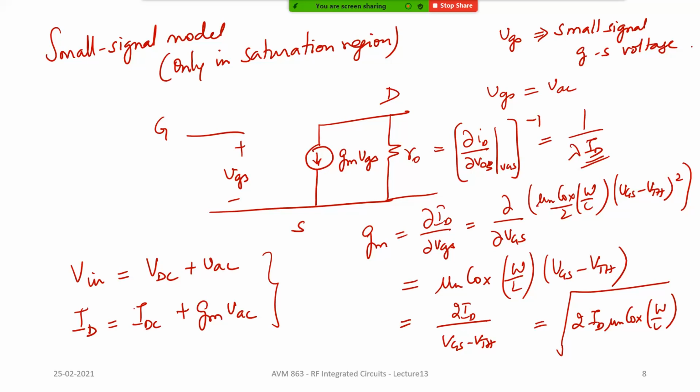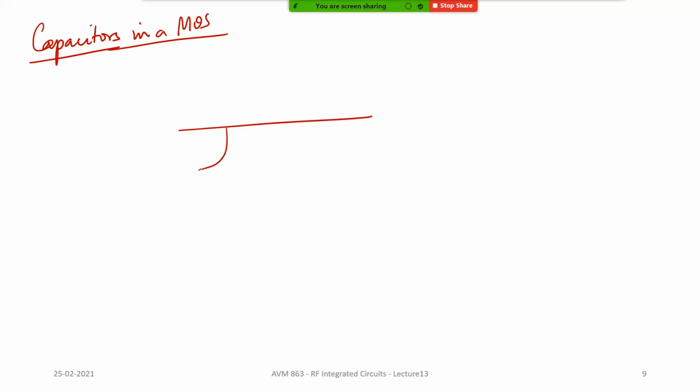Now this is all the small signal model for low frequency. Let us look at all the capacitors that are there. Let me draw the device again. This is your oxide.